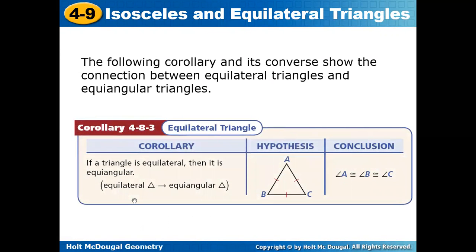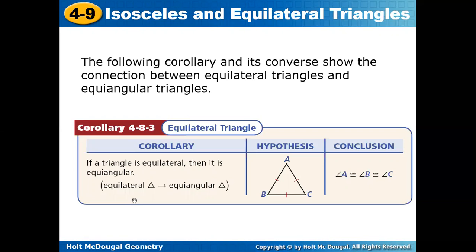Now the following corollary and its converse show the connection between equilateral triangles and equiangular triangles. If a triangle is equilateral, then it's equiangular.